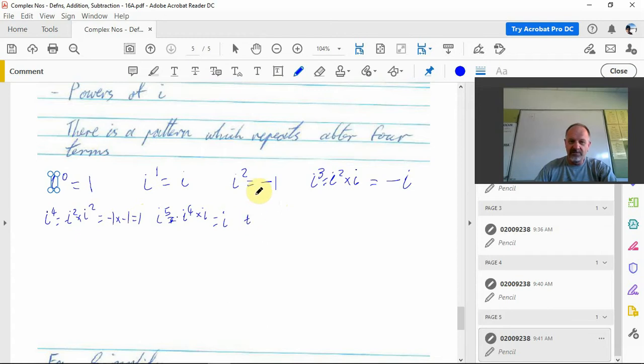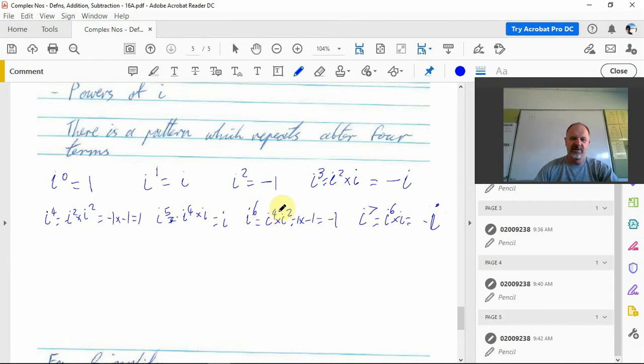So i to the 6 is i to the 4 times i squared. i to the 4 is 1 times -1, which of course is -1. And then the next one, i to the 7 is i to the 6 times i, which is -1 times i, which is -i.